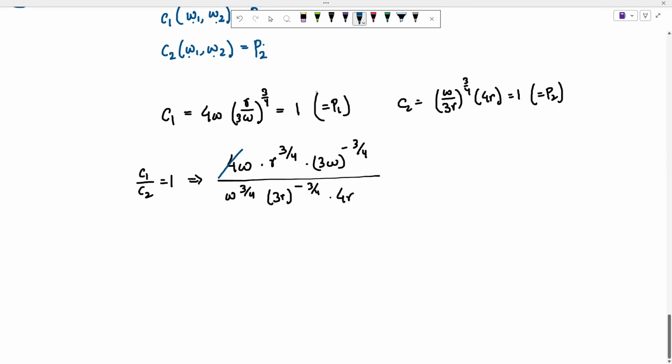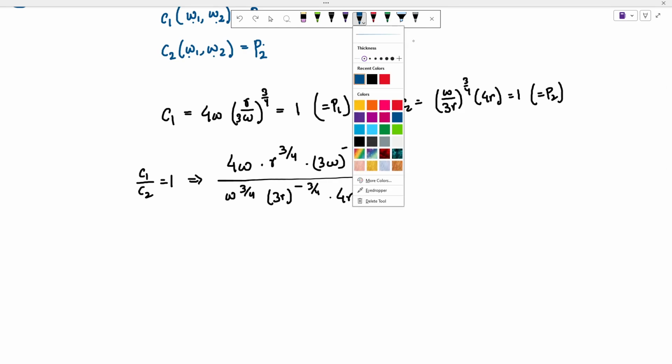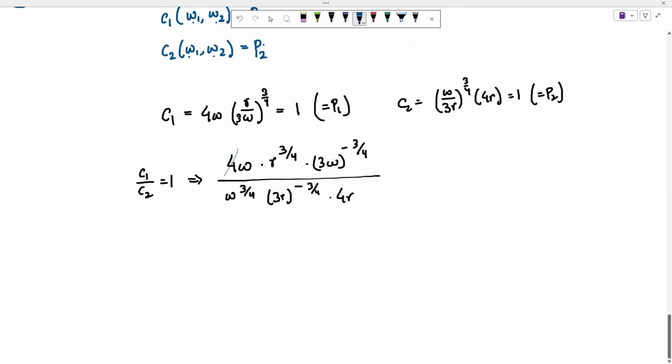4 is going to cancel out. And notice that we have 3 to the power minus 3 by 4 on both sides, so that is going to cancel out. We have R to the power minus 3 by 4, so that is going to go on top.